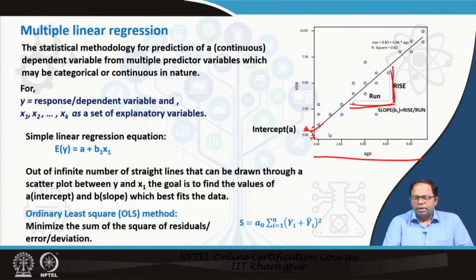Now, how do we do that? We do it by trying to minimize the sum of the squares of residuals, or errors, or deviations. It is called either residuals or errors or deviation.